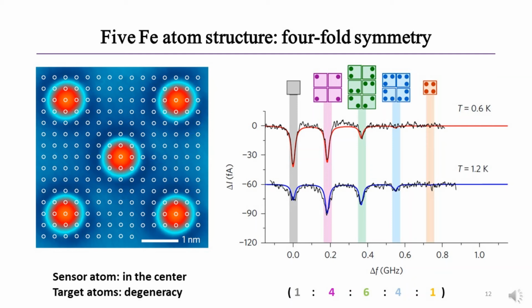Also, we can see clearly that there are 2 temperature spectra. One is measured at 0.6 Kelvin and one at 1.2 Kelvin. It is clear that when the temperature increases from 0.6 Kelvin to 1.2 Kelvin, the population of the excited states also increases.